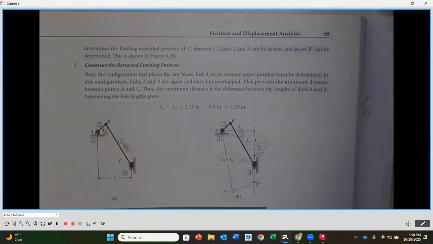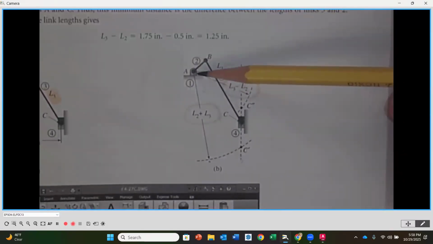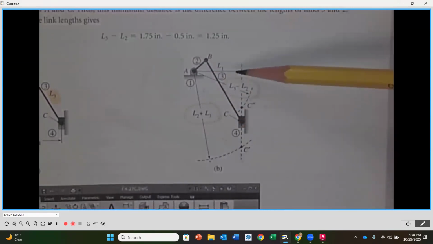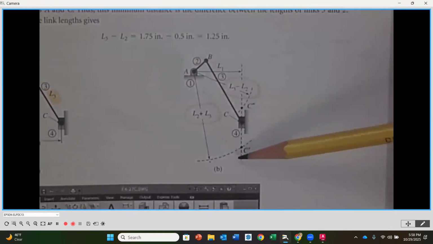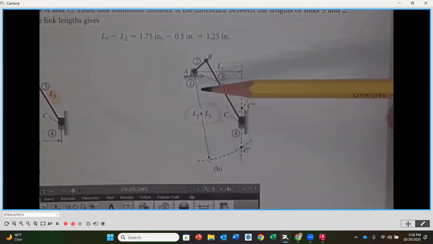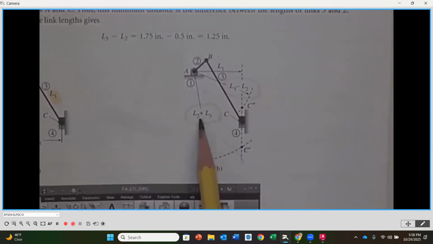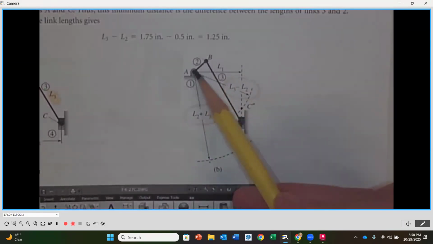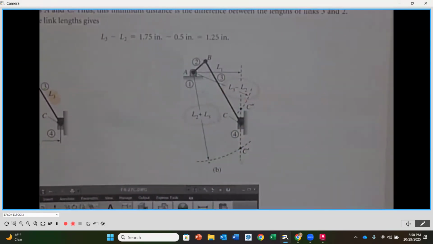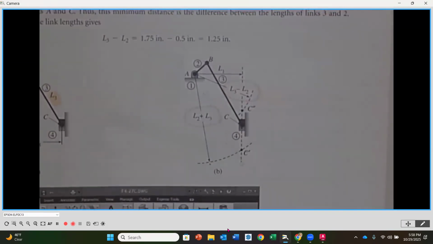And over on the right here, they do a nice job of laying out and showing us how we get these radiuses. So to get the furthest point down along that vertical line of action for that slider, we're going to take capital L2, the length of link number 2, and we're going to add the length of link number 3. Okay, so we're adding how long 2 is and how long 3 is. And we're going to strike that arc with the center being at A.